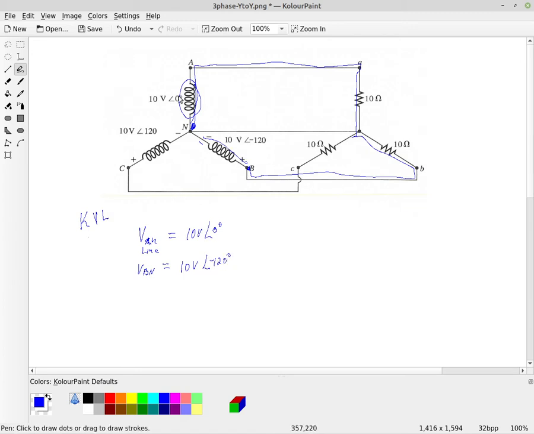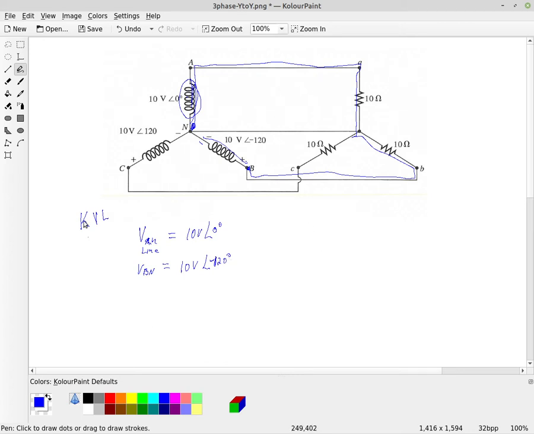Because it doesn't matter whether it's Y to Y or delta. When you're looking at just these phases, they're always 120 degrees apart. Okay? And so that's going to be minus 120 degrees.